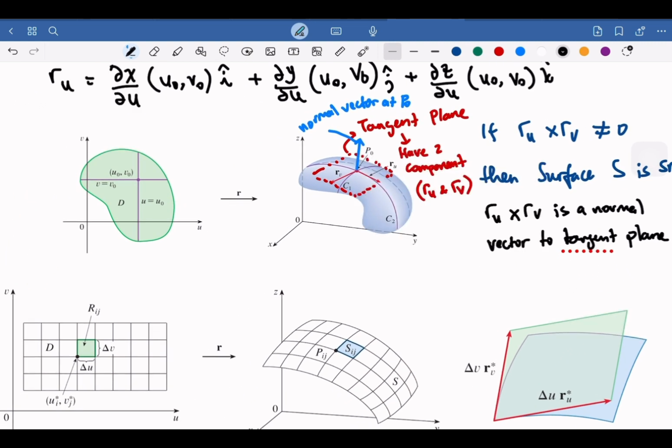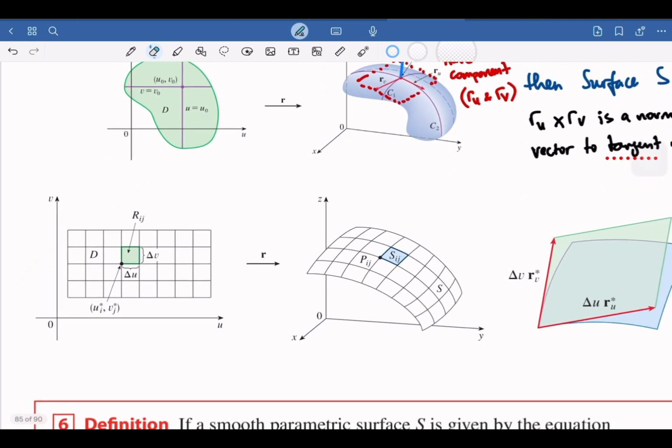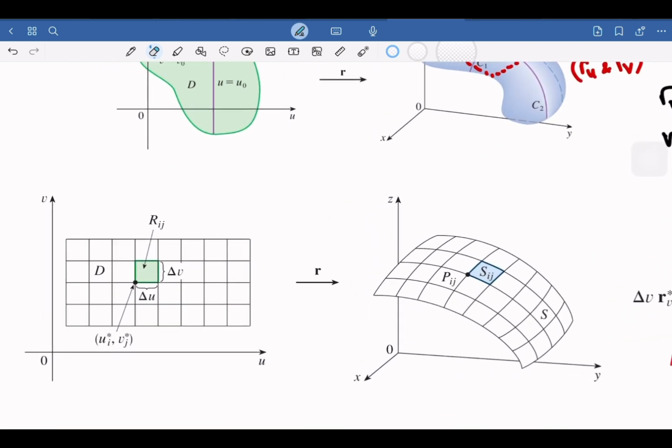Now we move to what we call the surface area. This is also part of calculus 2. This is just an overview, so I will make it real quick. If we take, for example, in terms of the uv, we take the projections and we slice up this rectangle.